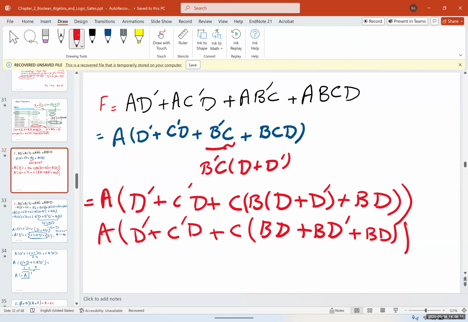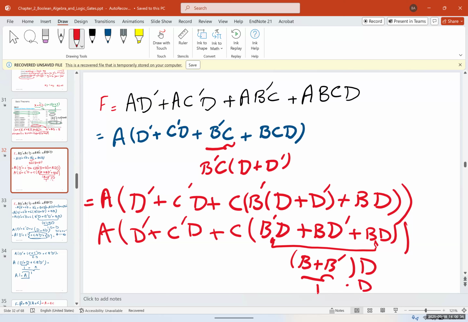Now what is B? One of them should be B prime. Oh, I'm sorry, this is B prime. What is this BD with this B prime D? This would be B plus B prime times D. And B plus B prime is equal to what? 1.